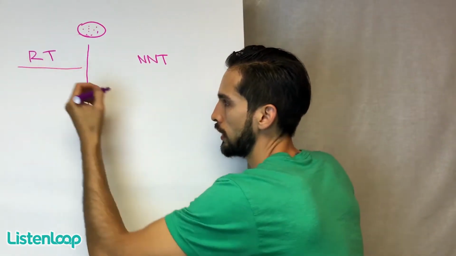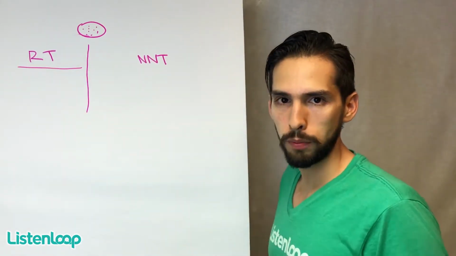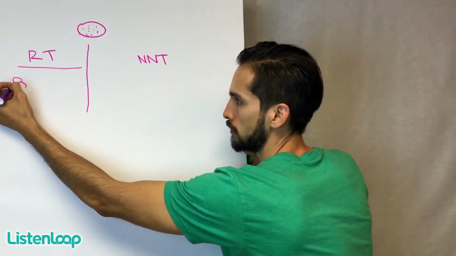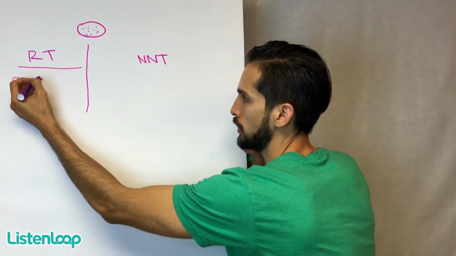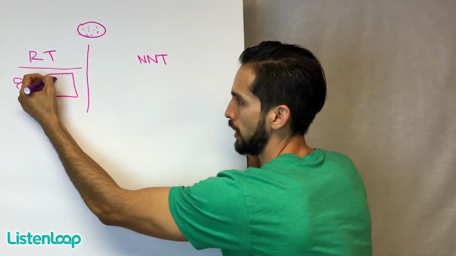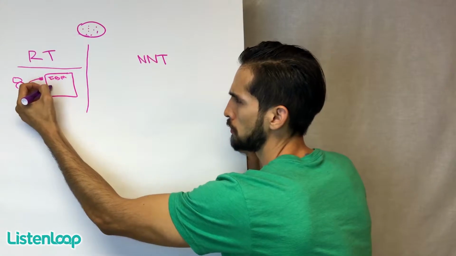Under retargeting, you're dealing with a first-party cookie. What does that mean? It means that a visitor, John Smith, has to come to your website. Let's say you are IBM.com selling very sophisticated servers.